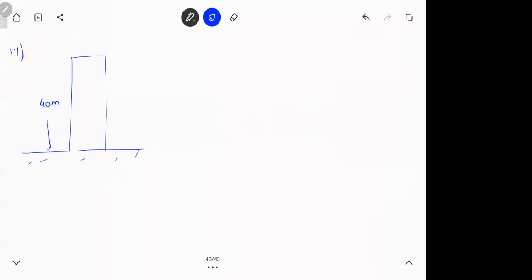You have a 40-meter building. Let this be also 20 only. The projection to 40. Same thing, you throw it down now. Find time of flight, range, speed when it hits the ground.